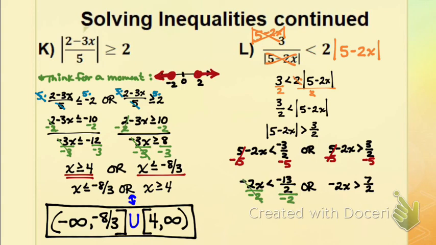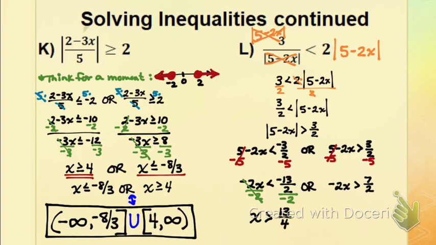Dividing a fraction by another value is the same thing as multiplying by its reciprocal. So instead of dividing by -2, I could say I'm multiplying by -1/2. Don't forget, when we have those negatives, our inequalities flip around.